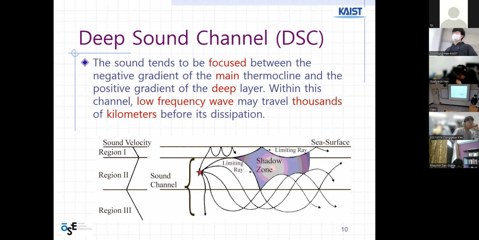It makes a funny, important phenomenon. Yeah, it is called the DSC, deep sound channel. The sounds tend to be focused toward a lower sound speed.